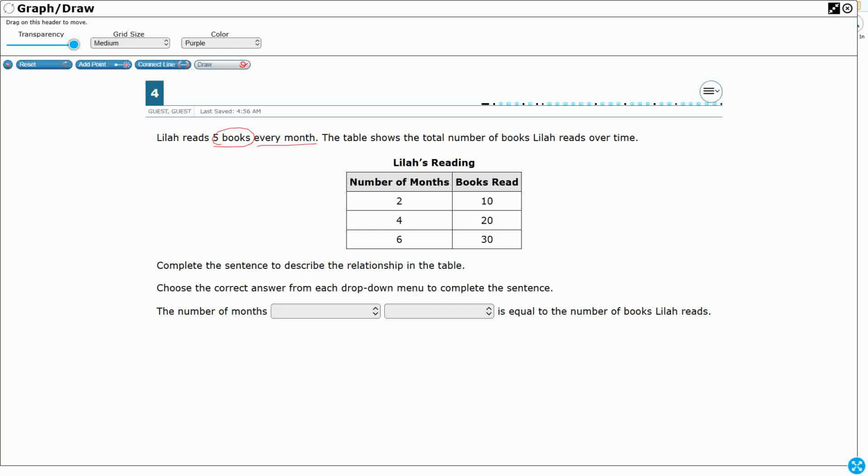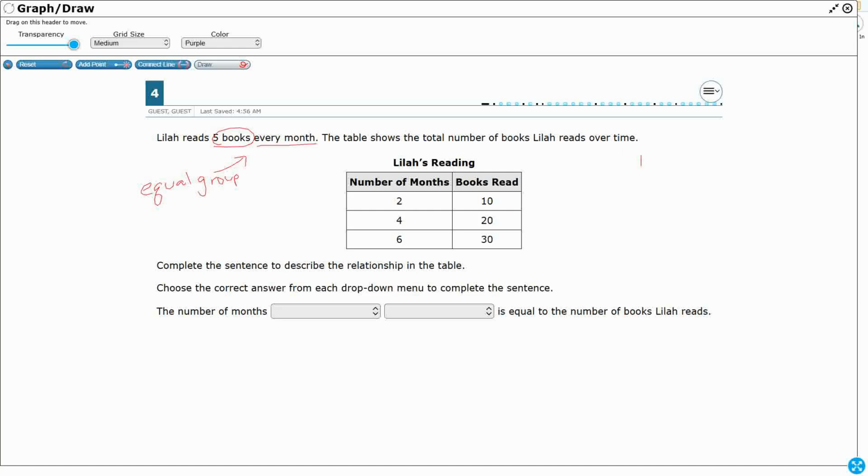Now, we can actually figure this out without even using this table. We actually have all the information we need right here with reading 5 books every month. When we get this every right here, that means we're dealing with equal groups every single month, right?